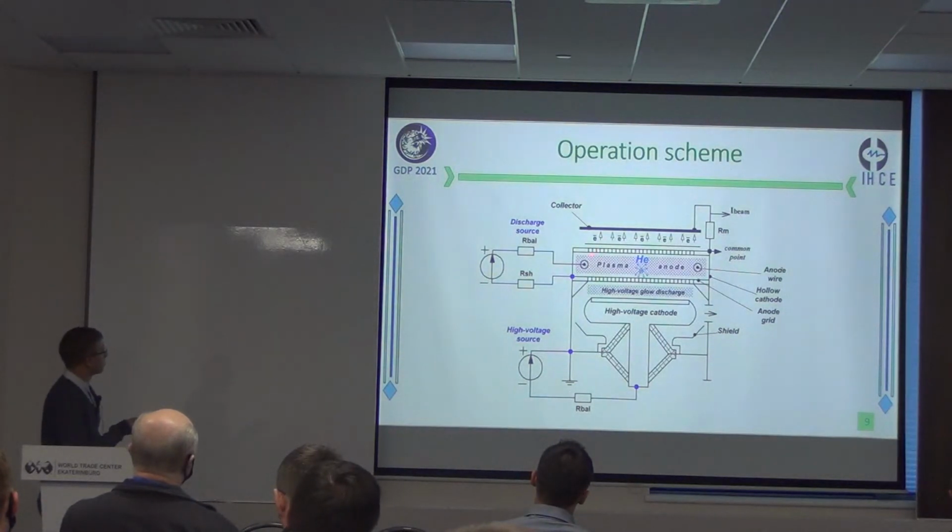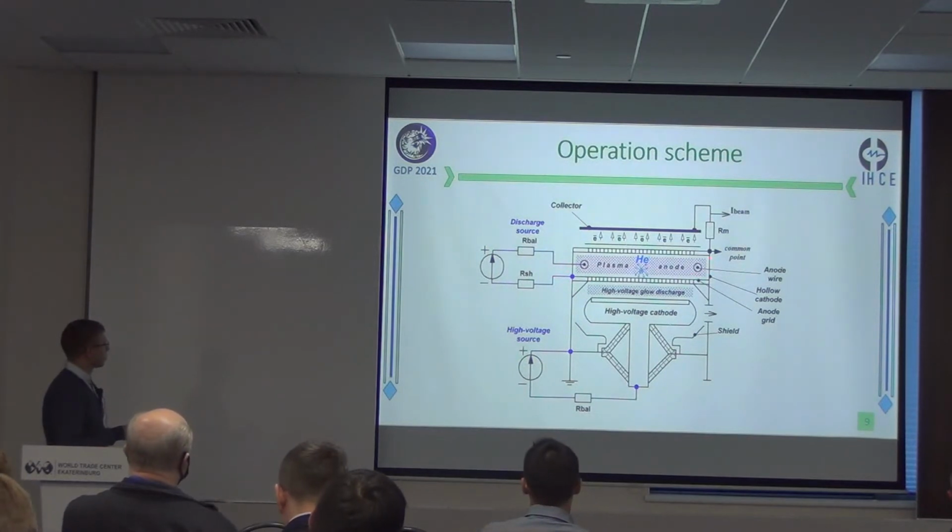The role of auxiliary discharge is played by a self-sustained glow discharge, in which two tungsten wires serve as an anode and the walls of the vacuum chamber as a hollow cathode of the discharge.